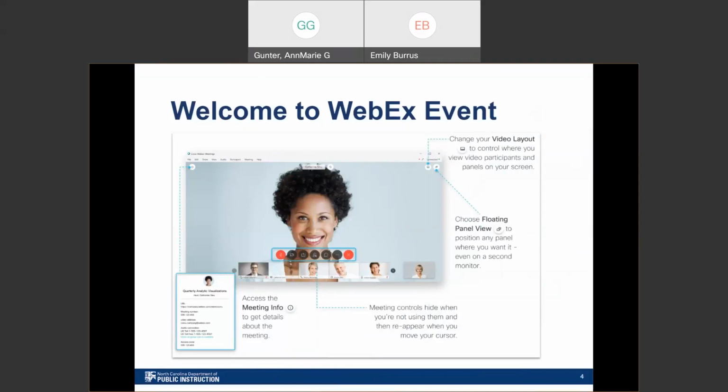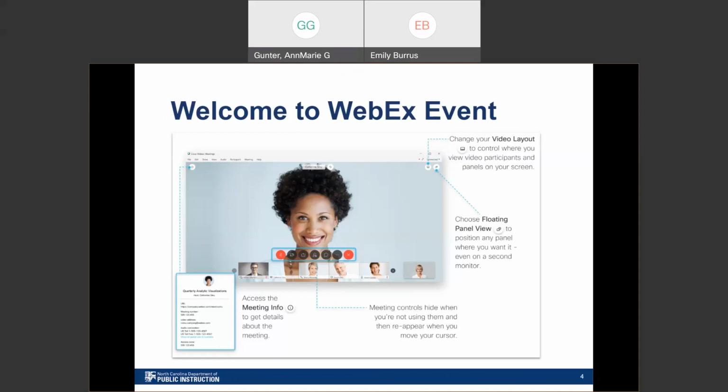And I will caution you that depending on what type of device you use to join today and which browser you chose, your display may look a little different than what's on the screen, but that's okay. So you have a way to control what the video layout is, as well as to create a floating panel view if you would like. Typically, the only thing we're showing are the slides, so those should be prominent on your screen.